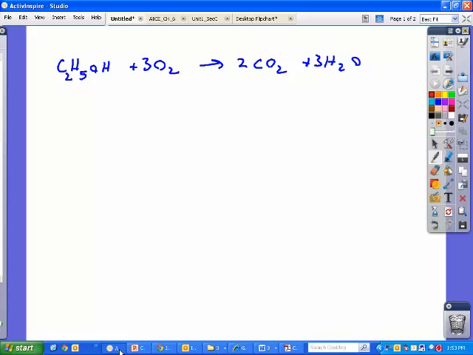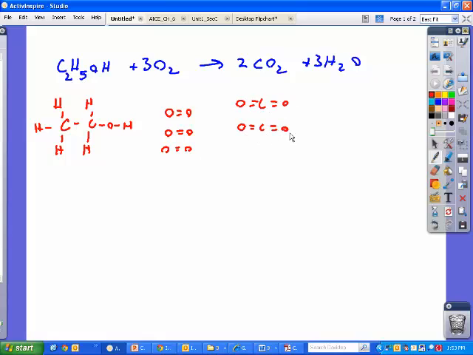So we want to draw ethanol. Three oxygens. 2 carbon dioxides. And 3 waters. Okay.